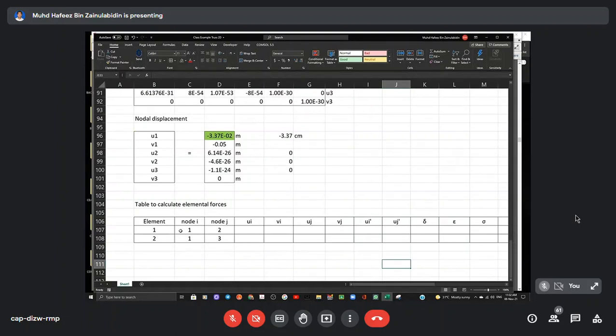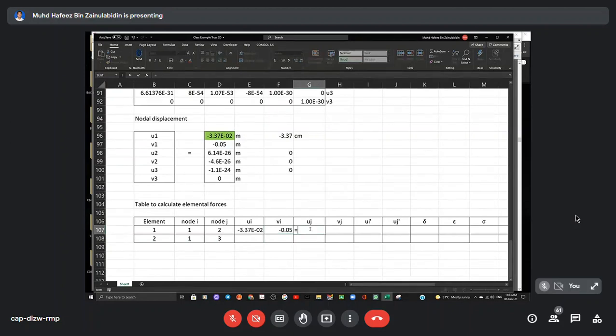Okay, for node I and node J for element 1 and 2, so that means for element 1, node I is 1, node J is 2, that means UI here is U1. So U1 is there, E1, value there.